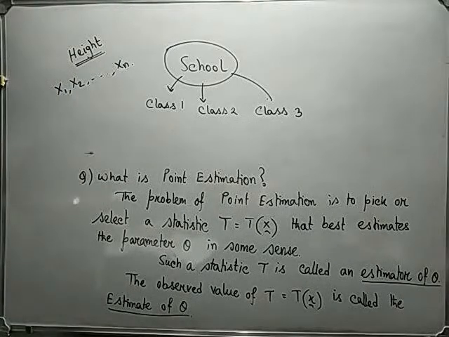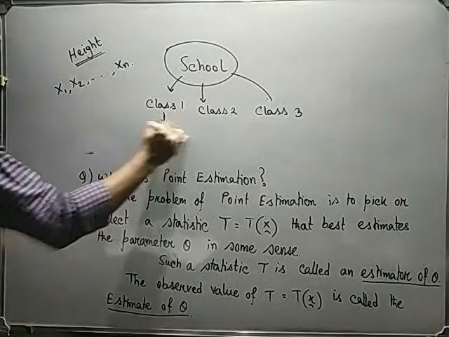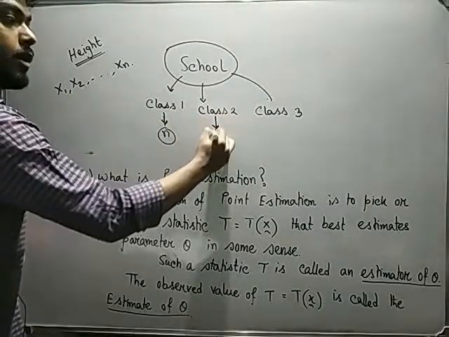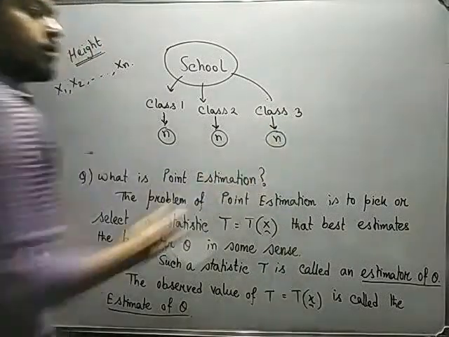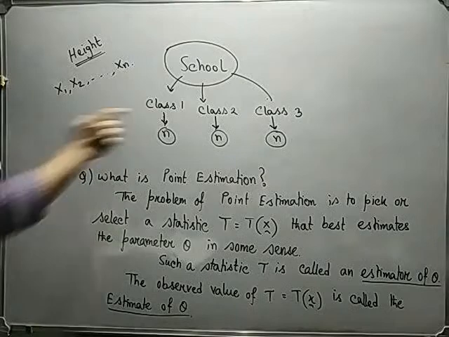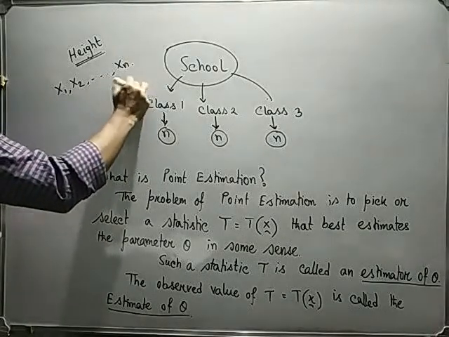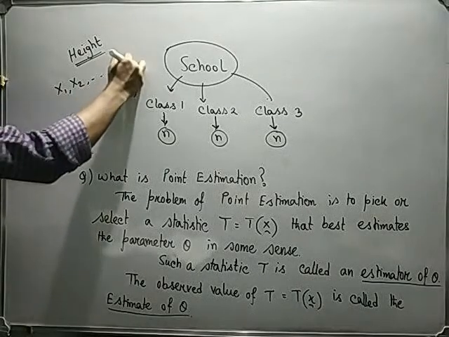Now, if we choose n members from class 1, from class 2, and from class 3, then let's say in class 1 we have 50 members and we have chosen n members. Let this n be 10.